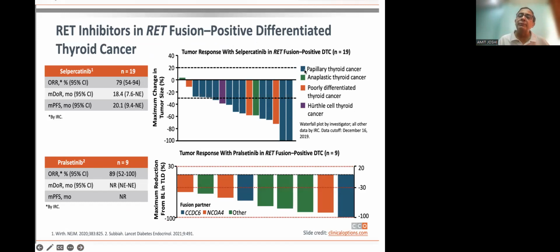The benefit was more seen in papillary thyroid compared to the other variants of differentiated thyroid cancer. So in a progressive disease that is progressing over the standard line of treatment, even in differentiated thyroid cancer, we should test for the RET fusion, and if positive, we should offer them this drug.